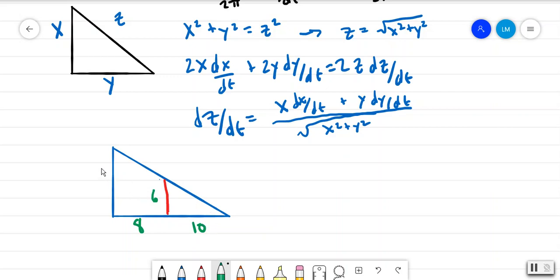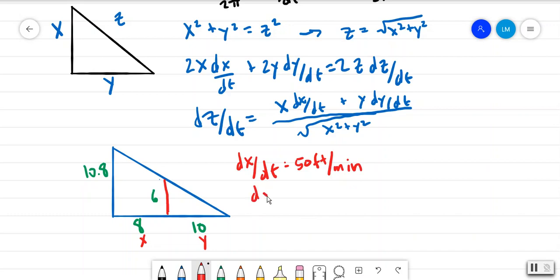Now, the height of the lamp pole is 10.8 feet. Now, this question may say, what if you were to label this as x and this as y, and they tell you that the person is moving at a rate of 50 feet per minute, then in this case they might ask for dy dt.